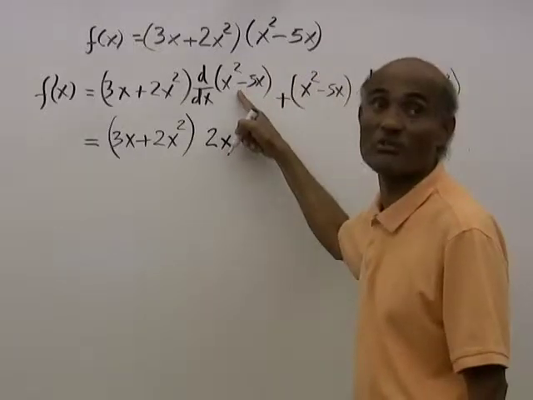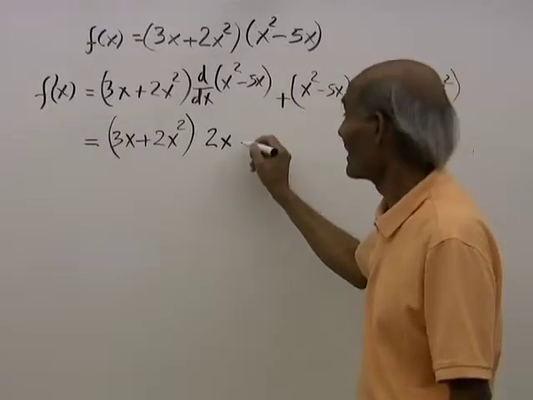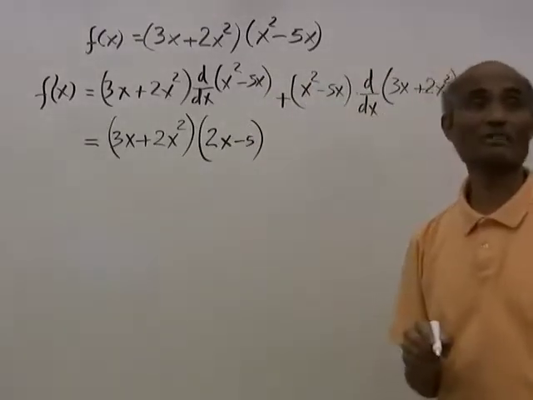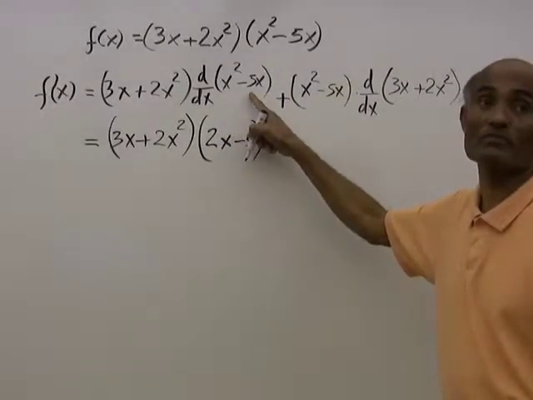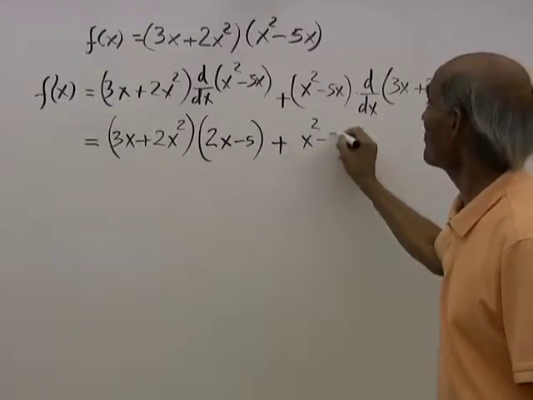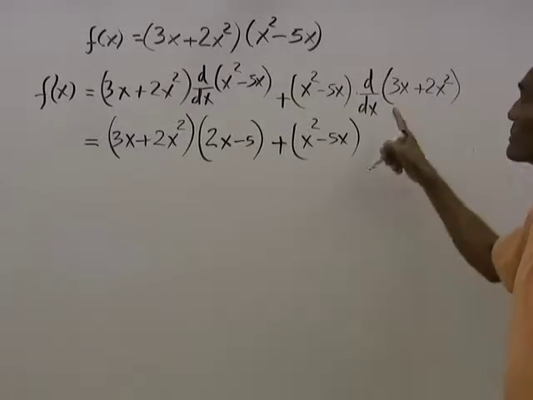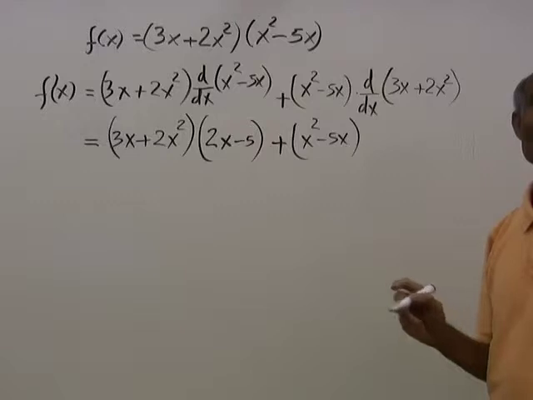And what is the derivative of minus 5x with respect to x? It will be minus 5. So that will be 2x minus 5 is the derivative of x squared minus 5x plus x squared minus 5x times the derivative of 3x plus 2x squared.